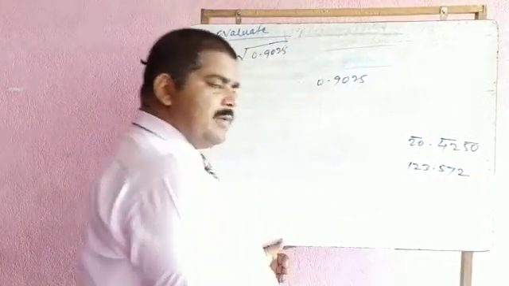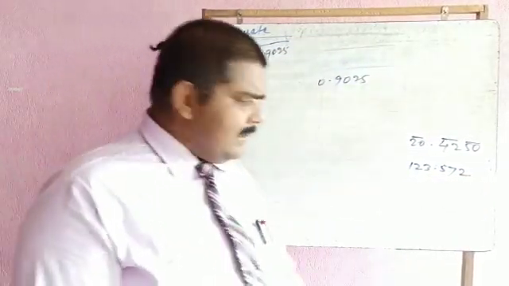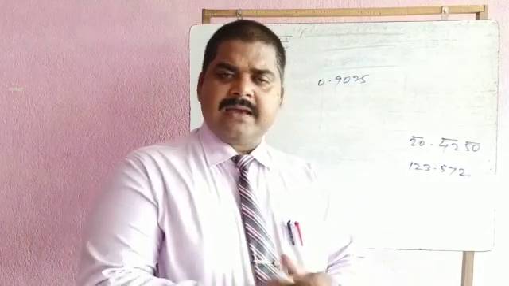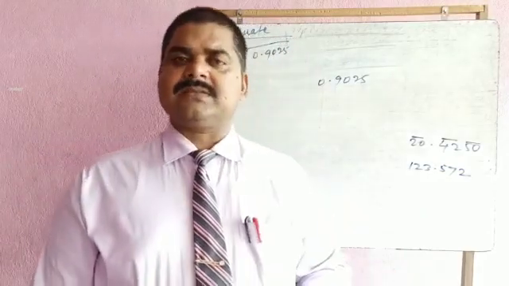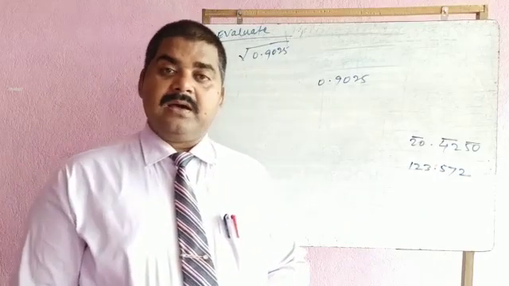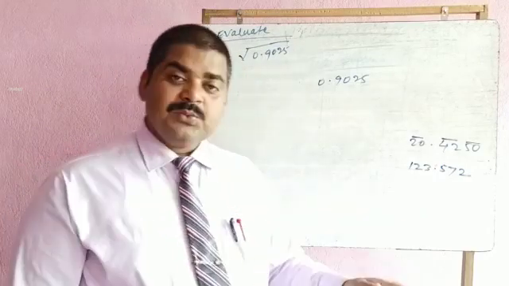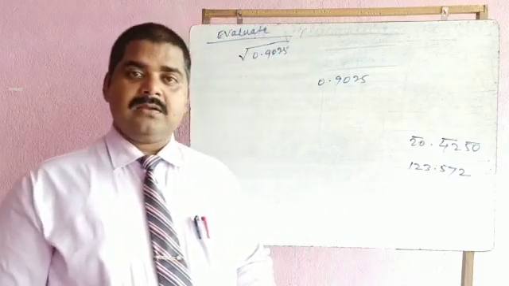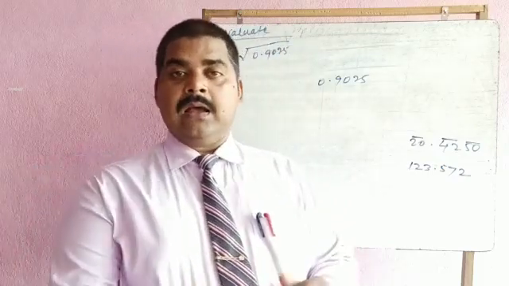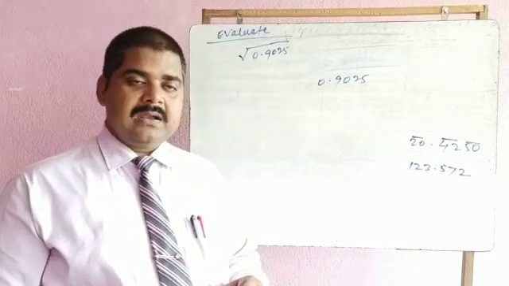Take 123.572. You can see that in this question before the decimal there are 3 digits, and after the decimal also 3 digits, 572. Whatever, it is paired. Why is it paired?